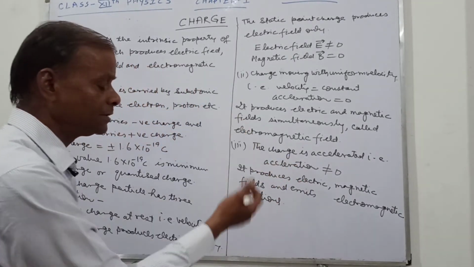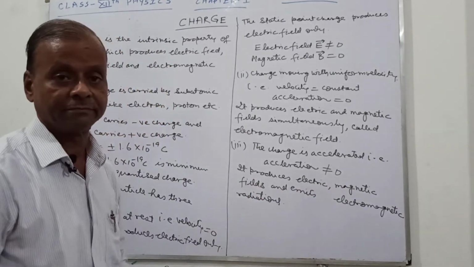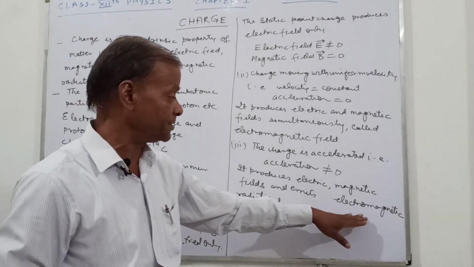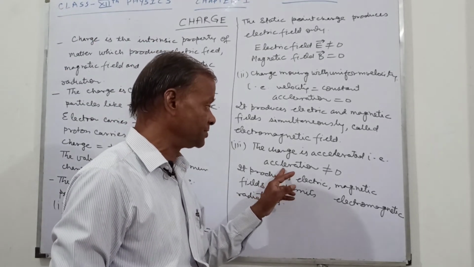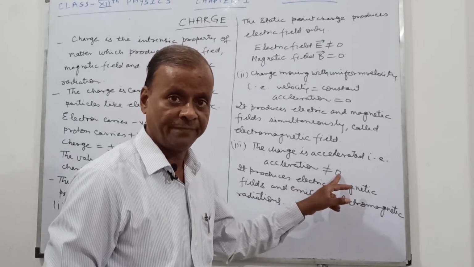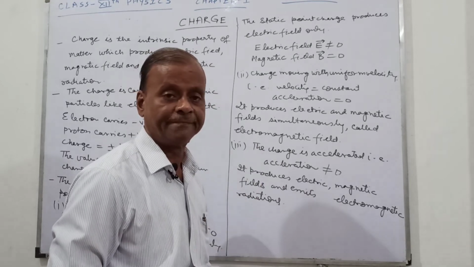Then it has all the three: electric field, magnetic field and the electromagnetic radiation. So now you see that electromagnetic radiations will be there only when the acceleration is not 0. It means the particle is accelerated. So in that case it has all the three properties.